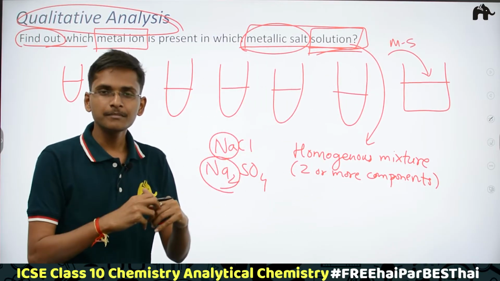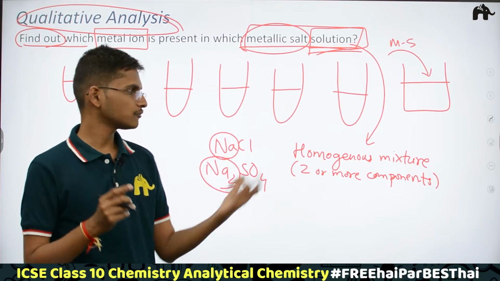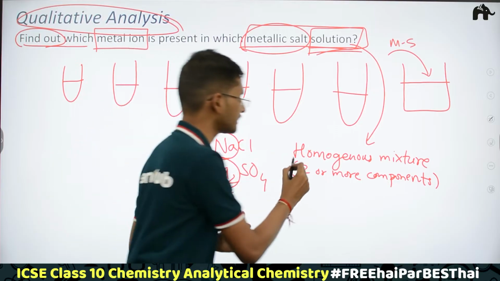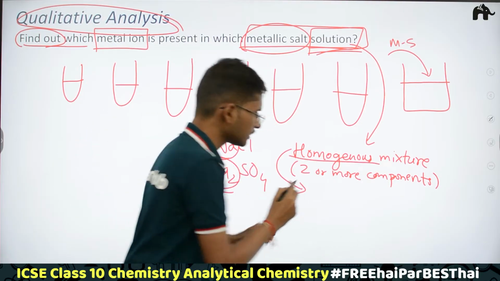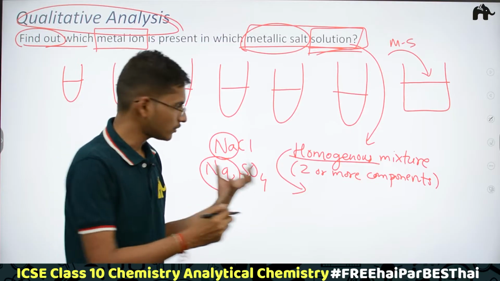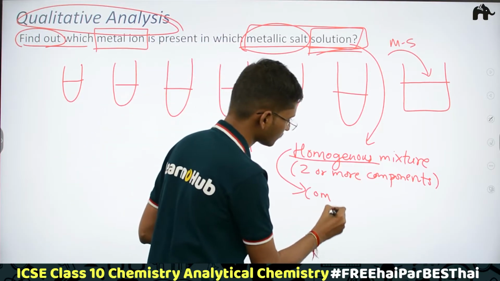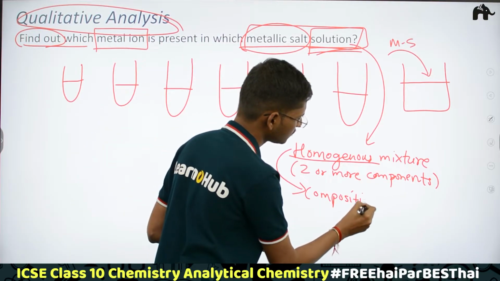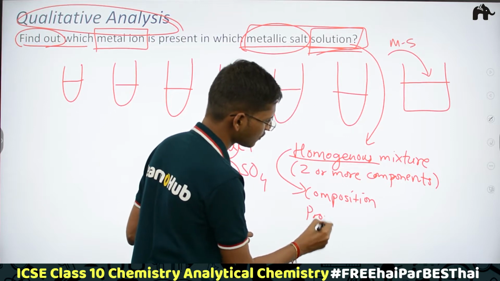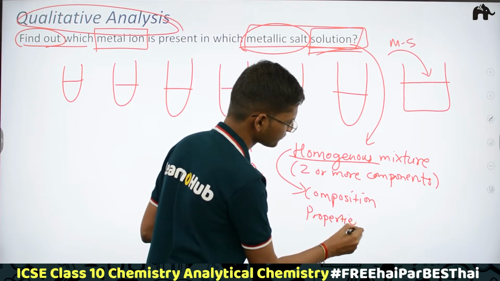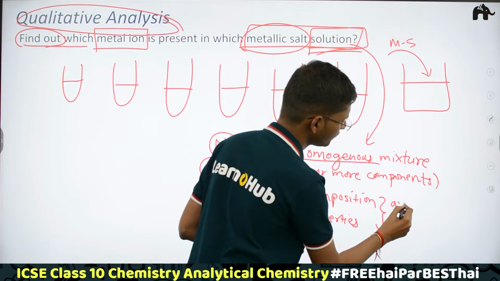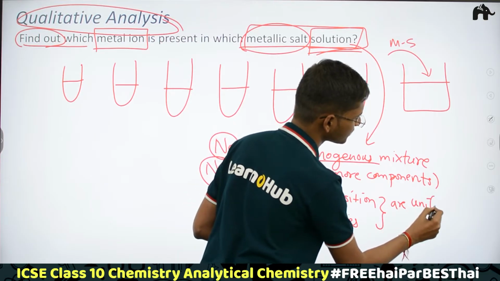You mix them, but then the question arises, what does homogeneous actually mean? Homogeneous means the composition of the mixture or the properties of this mixture are uniform throughout the mixture.